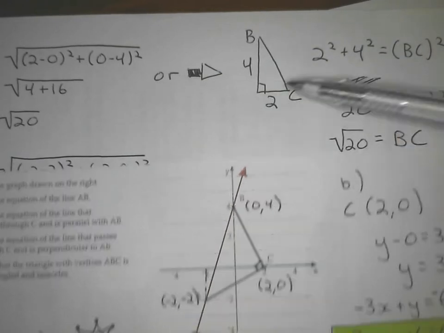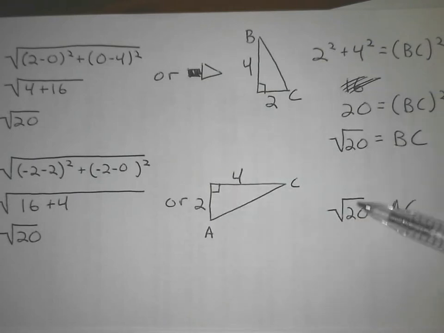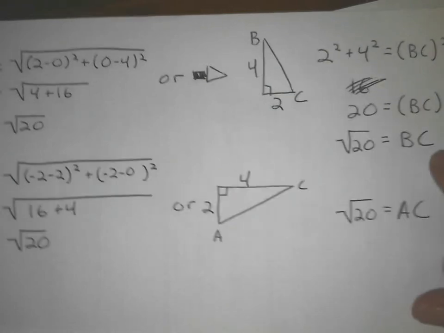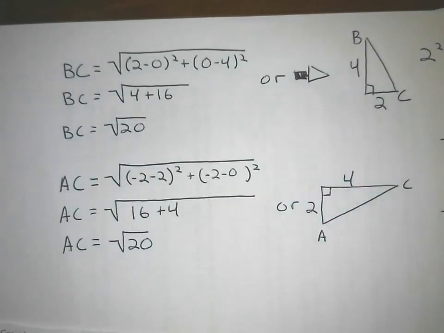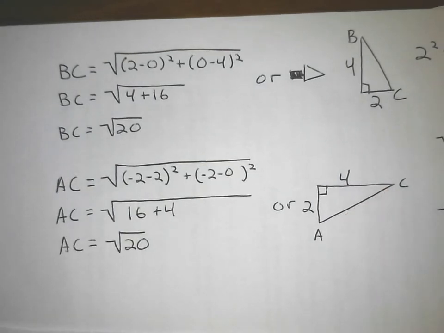These have sides 4 and 2, and these have sides 4 and 2. Both give you the square root of 20. So all the distance formula is, remember, is just figuring out the hypotenuse of a right triangle from Pythagoras. So we can come to our conclusion.